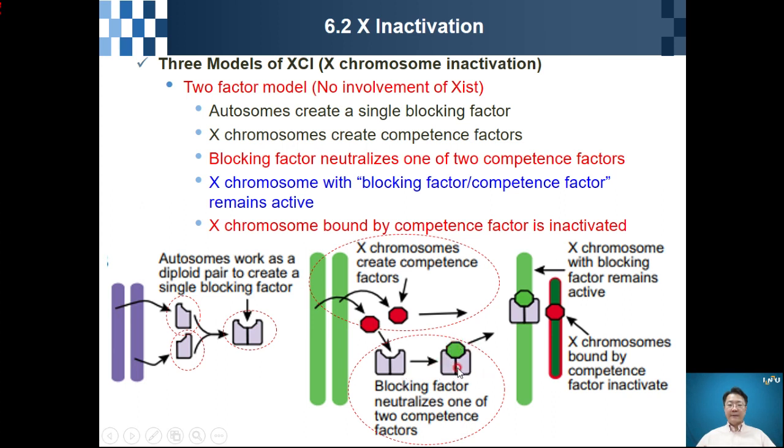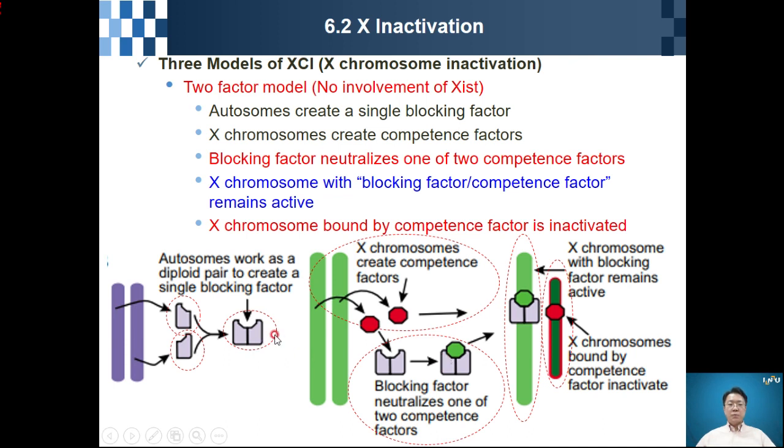The blocking factor with the competence factor is bound to one of the X chromosomes. So the X chromosome with the blocking factor and competence factor remains active. However, the other X chromosome, bound by only competence factors, is inactivated. So this is also the third model of X chromosome inactivation, the two-factor model.